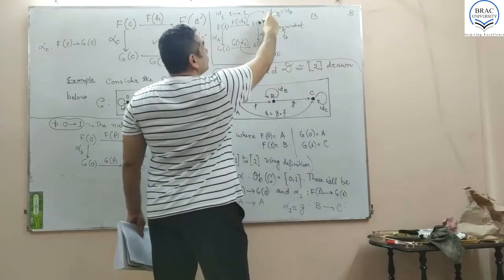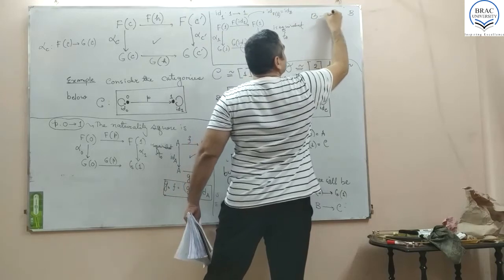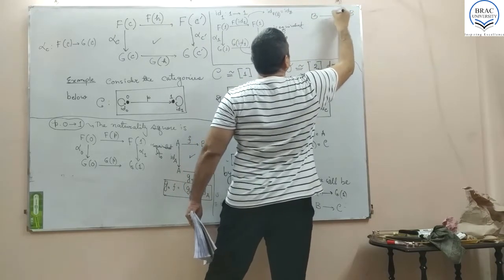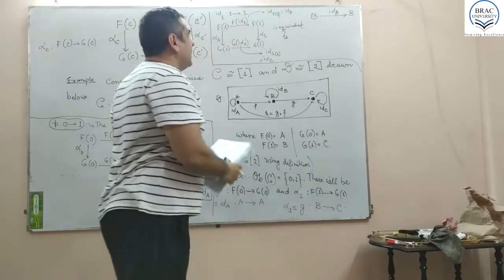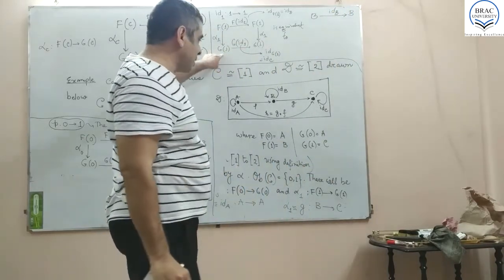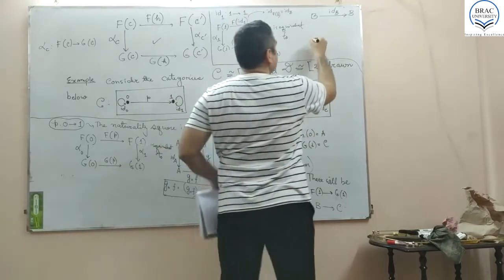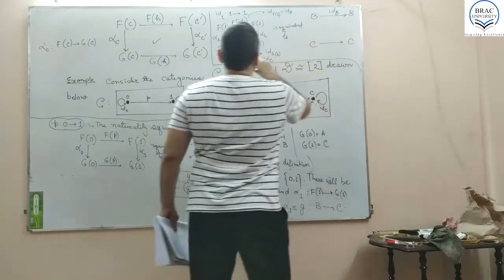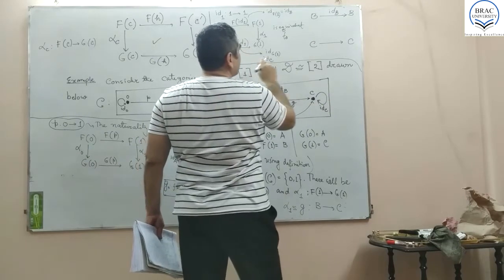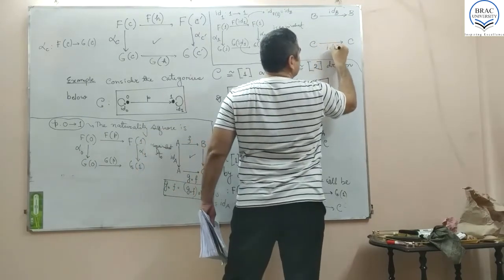And F of ID1, I have just shown using the definition of functor, is IDB. And G of 1 is C, and G of ID1 is IDC.